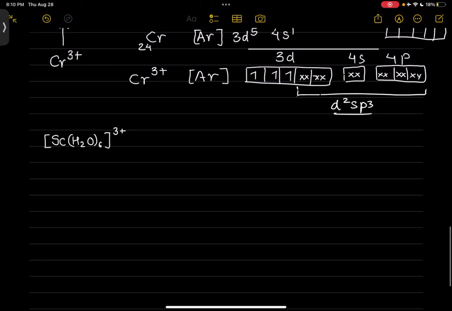So next is scandium with 6 aqua ligands, and you have +3 charge. I can help you out. The first thing we need to know is that scandium's atomic number is 21.